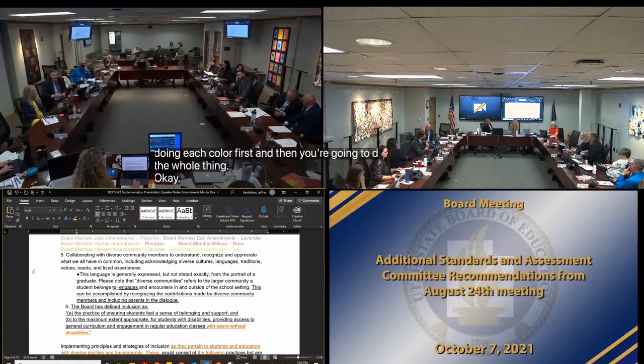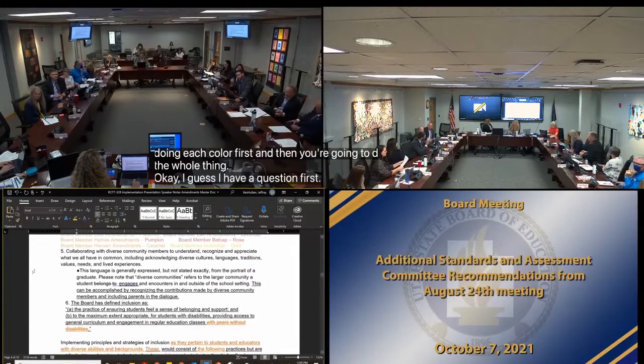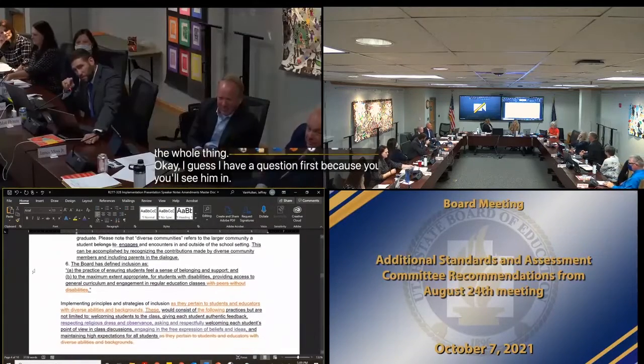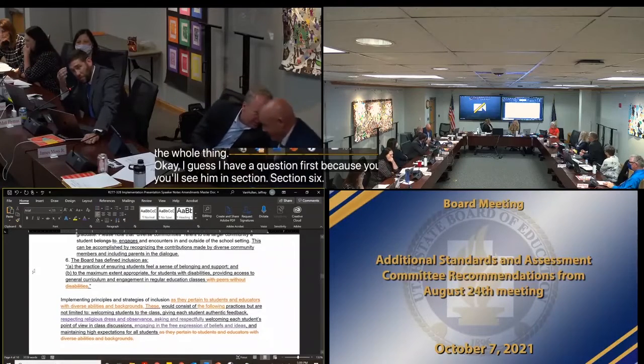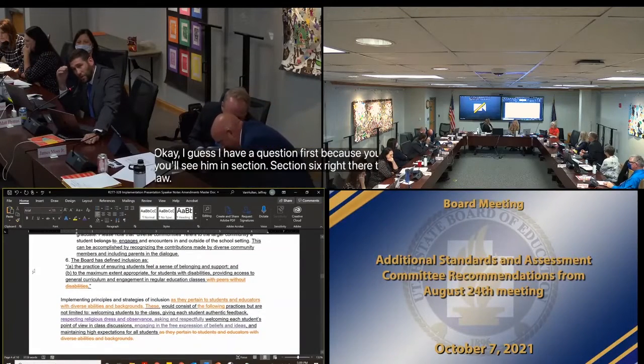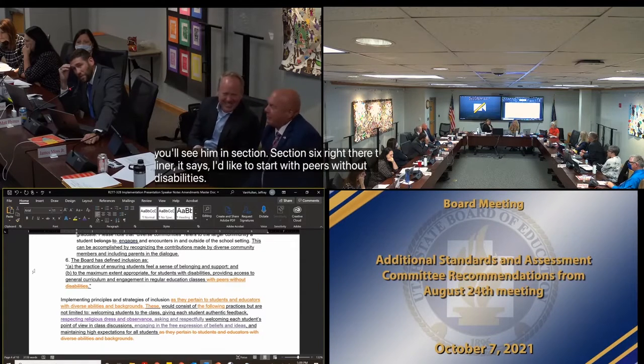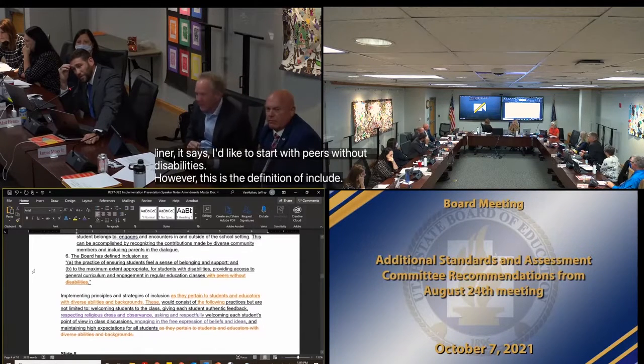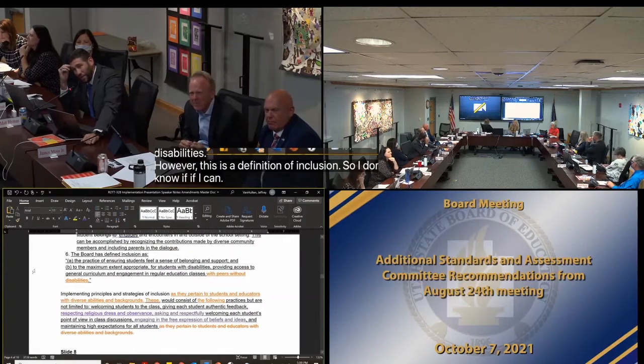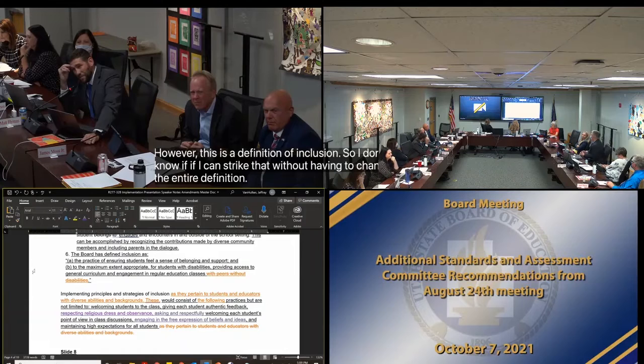Okay, go ahead. I guess I have a question first, because you'll see in section 6 right there, the line, it says, I'd like to strike with peers without disabilities. However, this is a definition of inclusion. So I don't know if I can strike that without having to change the entire definition.